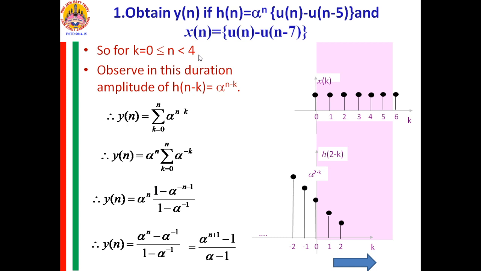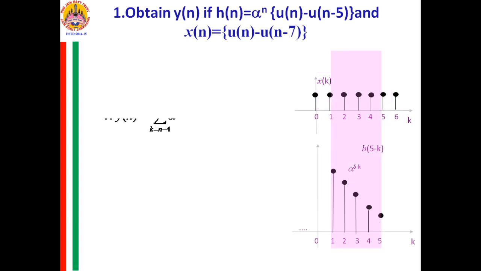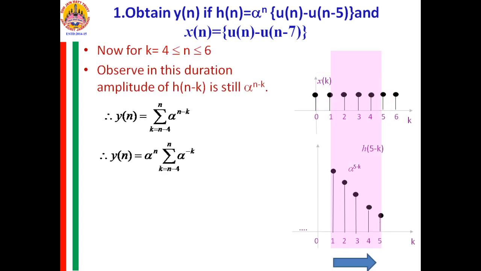Now in the next region where n is varying from 4 to 6, you observe that the overlap is from n minus 4 to n, and the product is still alpha raised to n minus k, and the closed form of expression is for k varying from n minus 4 to n of alpha raised to minus k.